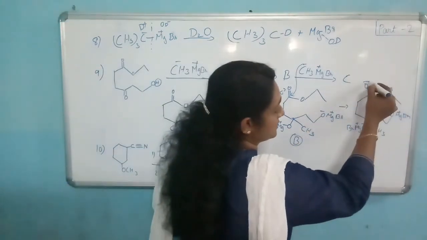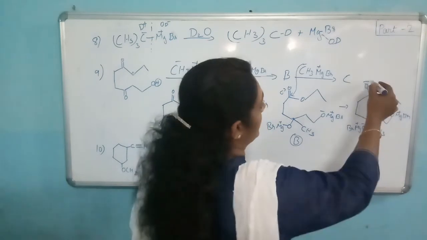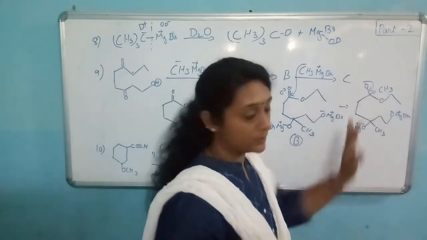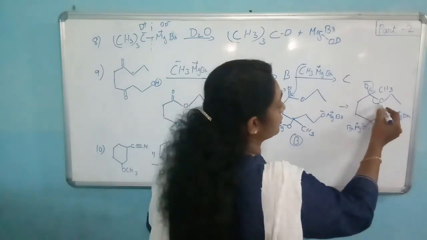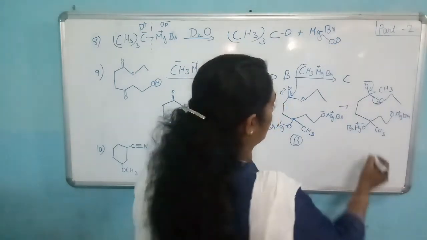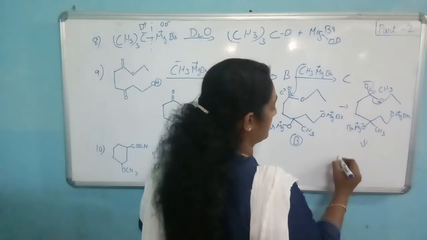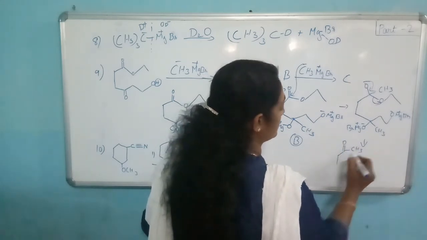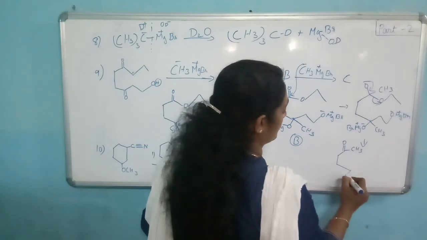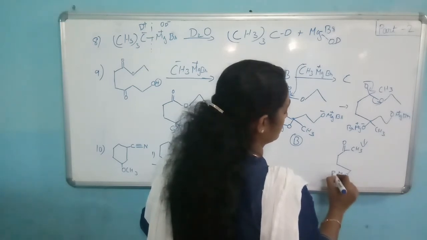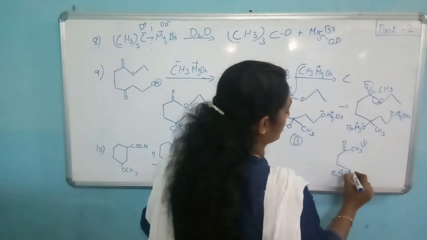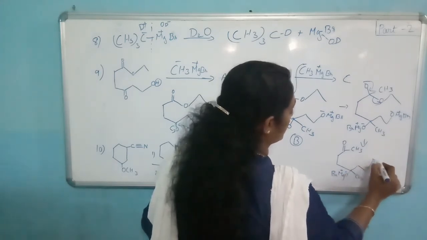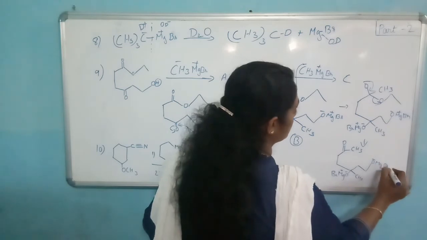Therefore, this O minus comes back and forms a pi bond with carbon, and this group leaves, and the product will be double bond O, CH3, O MgBr, CH3, O minus MgBr.